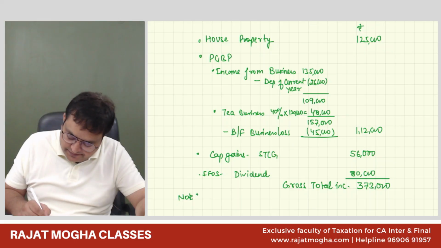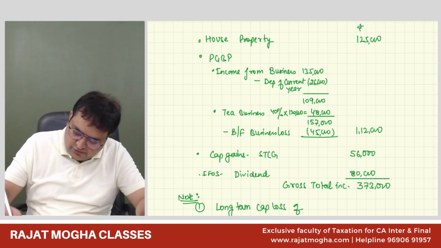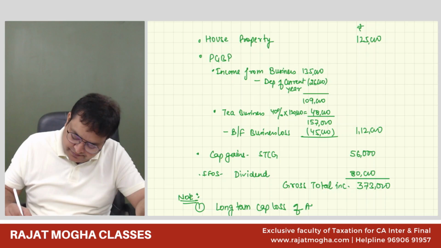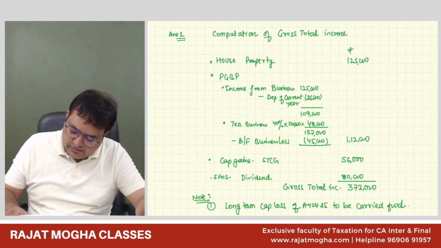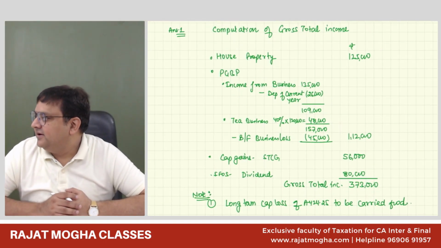The note would be: long-term capital loss of assessment year 24-25 to be carried forward. This is how I should actually present it.